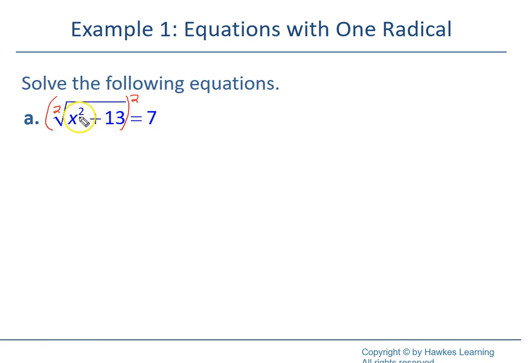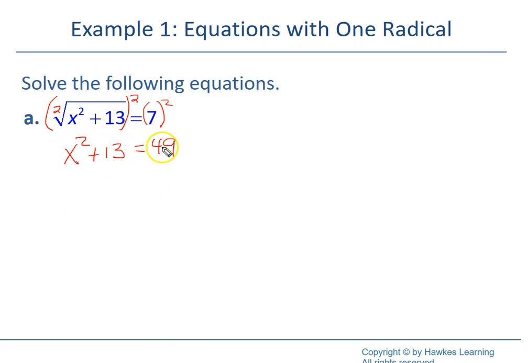So in a sense, you're going to square this, and if you do it to that side, you must do it to the other side as well. So this is a 2, this is a 2. Squaring this just gives you the radicand. So we get this. And we square this and get 49.